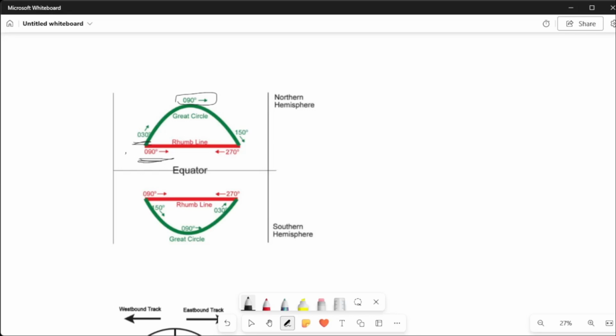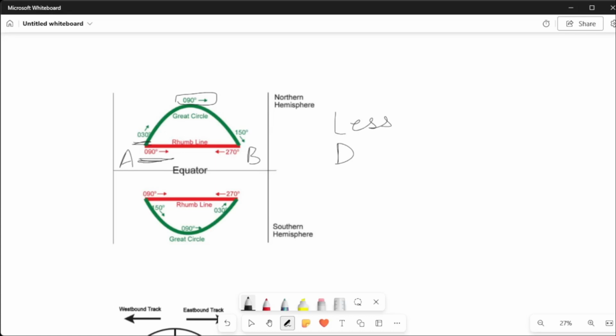So let us name these points A and B. While traveling from A to B, if you have a rhumb line track of 090, your great circle track will initially be less than, or decreasing from, the rhumb line track.